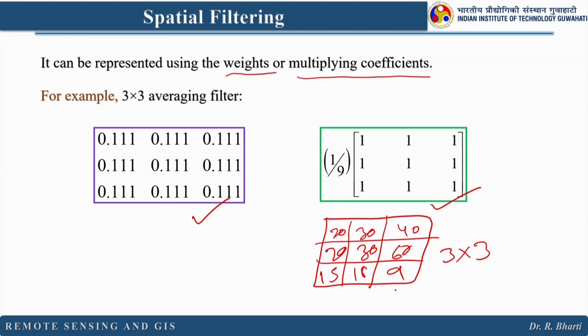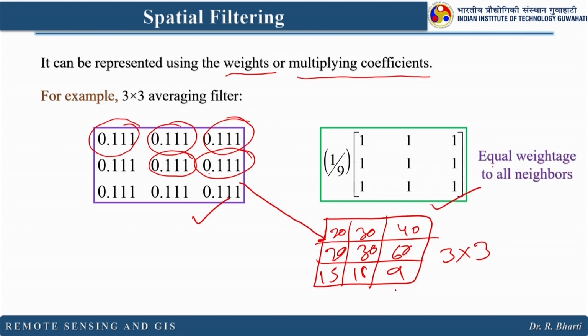So what we will do, we will exactly overlap this image pixel with these weights or multiplying coefficients, and then we will calculate the average. Here all the pixels, the neighboring pixels including the center one, have got similar weightage. So this will not change any value of the given pixel, only the averaging will be performed. Equal weightage to all neighbors I have given.